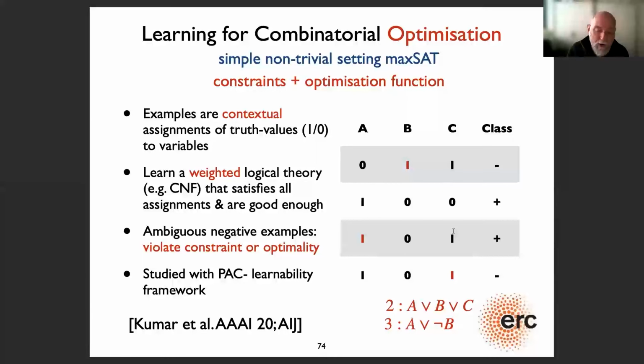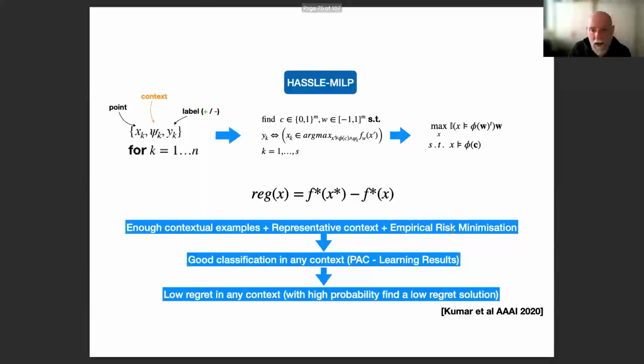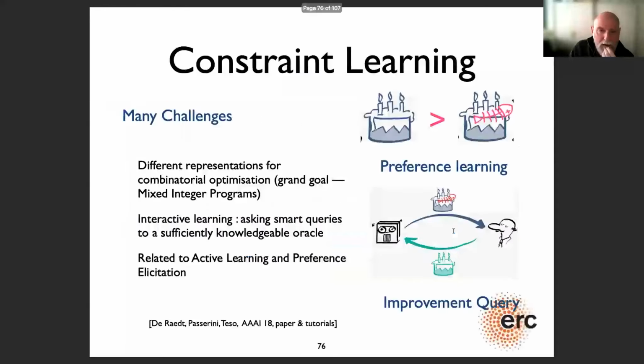It might be negative because it doesn't satisfy certain constraints. That's one option. Or it could be suboptimal. And so that's this ambiguity that you have to work with. Negative examples can violate constraints, or they can be suboptimal, and it's very hard to find that out. And that's the kind of work that we've done in that setting. There are some ERM results and stuff like that in these papers.